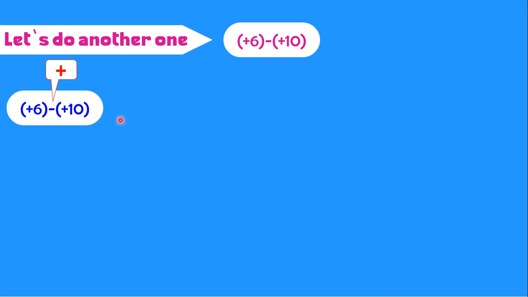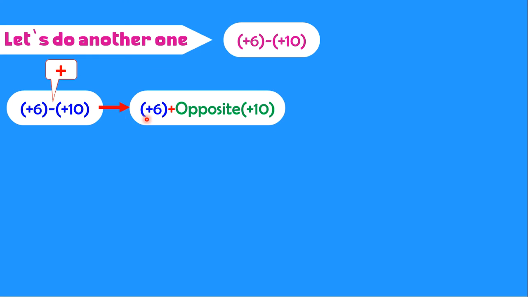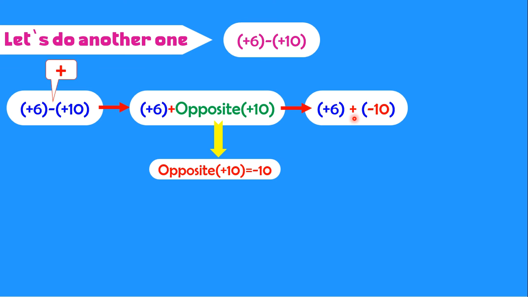So it will be like this: plus 6 added to the opposite of plus 10. The opposite of plus 10 is minus 10. So this will be plus 6 added to negative 10. So we converted this subtraction into addition.